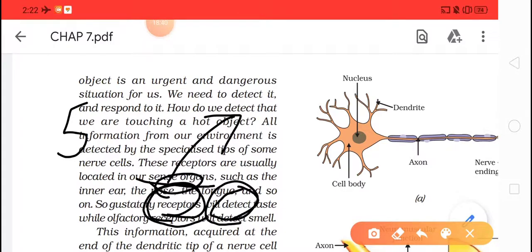All the sense organs will have receptors that detect the information and pass it to the brain. A nerve cell will carry the information from the sense organs towards your brain. Understood? So let's see which nerve cells you have and what their structure is.